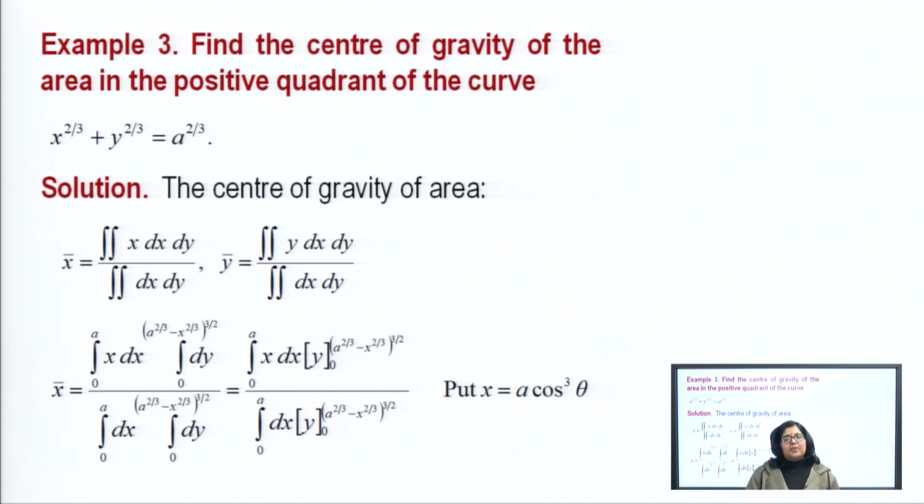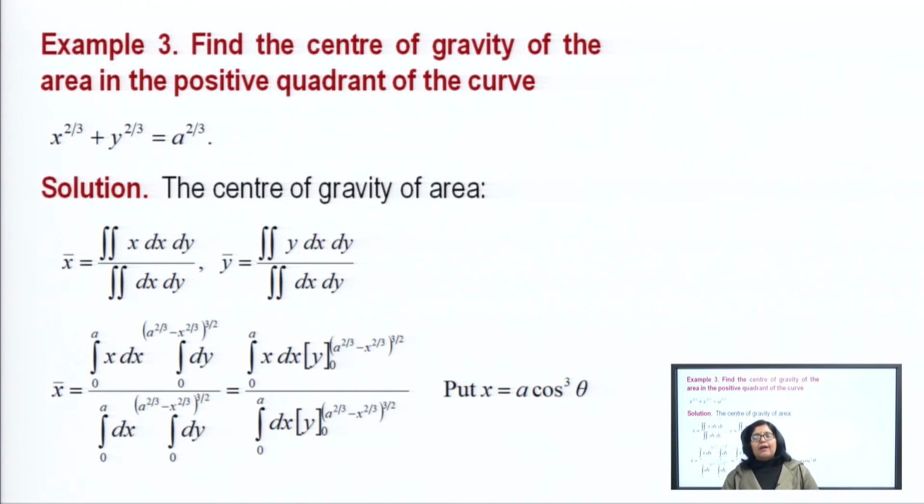The coordinate x bar is double integration x dx dy upon double integration dx dy, and y bar is equal to double integration y dx dy upon double integration dx dy. And what is the limit corresponding to x and y?